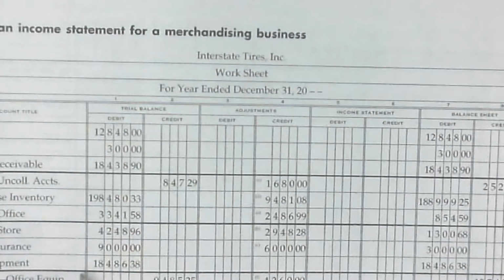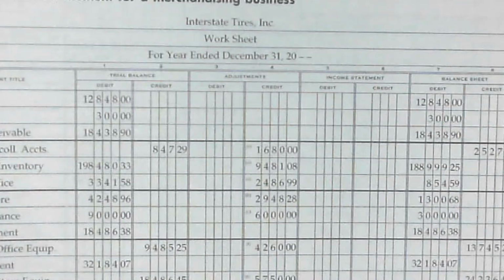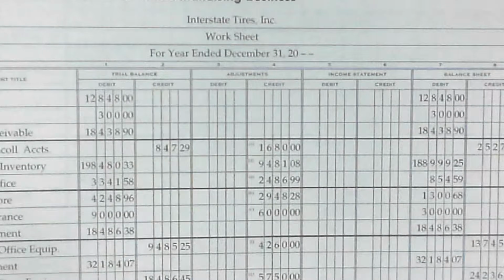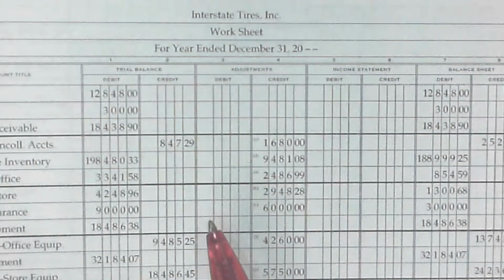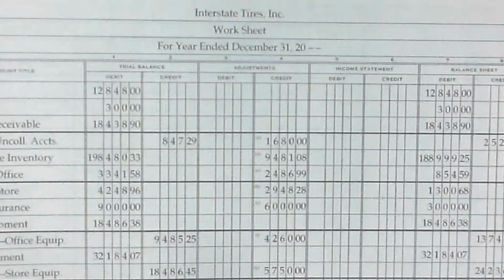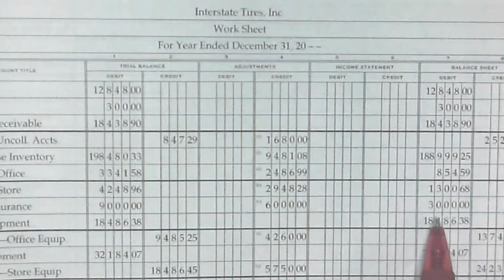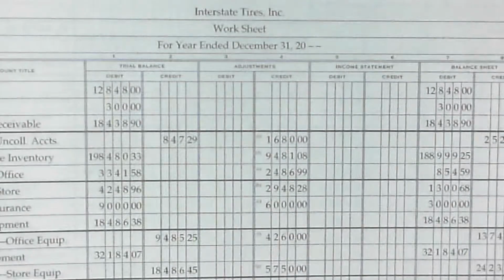It's the same way with car insurance. If you switched insurance companies, say you had 2 months worth of insurance left on your current policy, you'd get those 2 months worth of insurance back. So prepaid insurance, we still have $3,000 left on that.